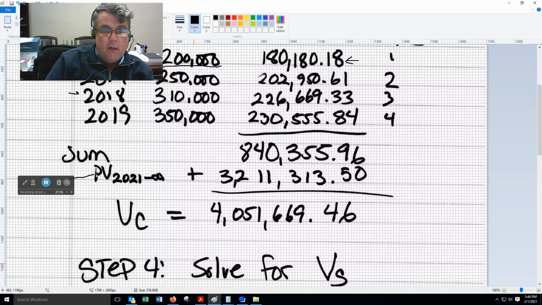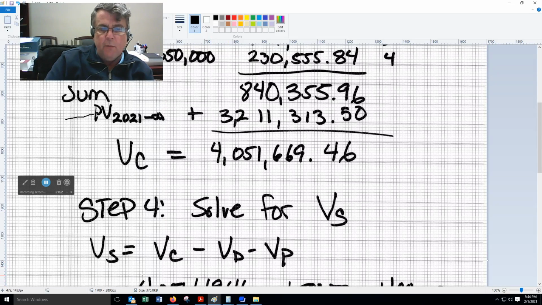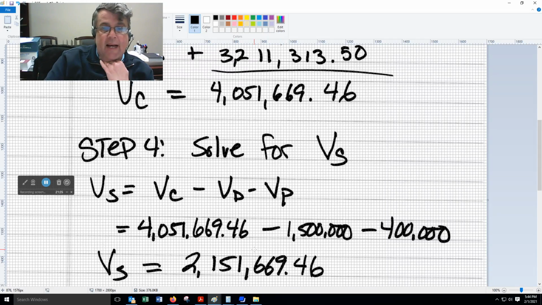Okay. But I have debt in this firm. So when we calculate VS, which is the value of the shares, we have to take away the present value of the debt and the value of preferred stock shares. So we do that.